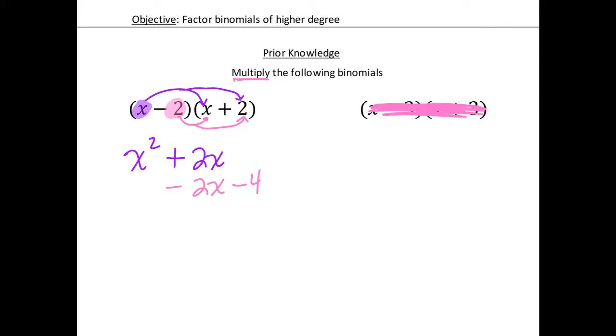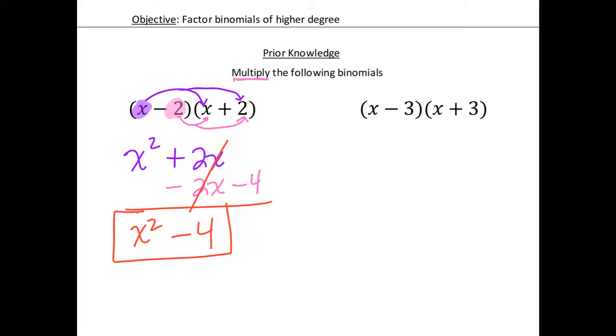And if I add those together, I get an x squared. And then what happens to the middle term? They cancel. 2 minus 2 is 0, so you don't even write it out. They just cancel and then bring down that negative 4. So you just get x squared minus 4. Okay? Since some of you struggled, go ahead and try the second one now.